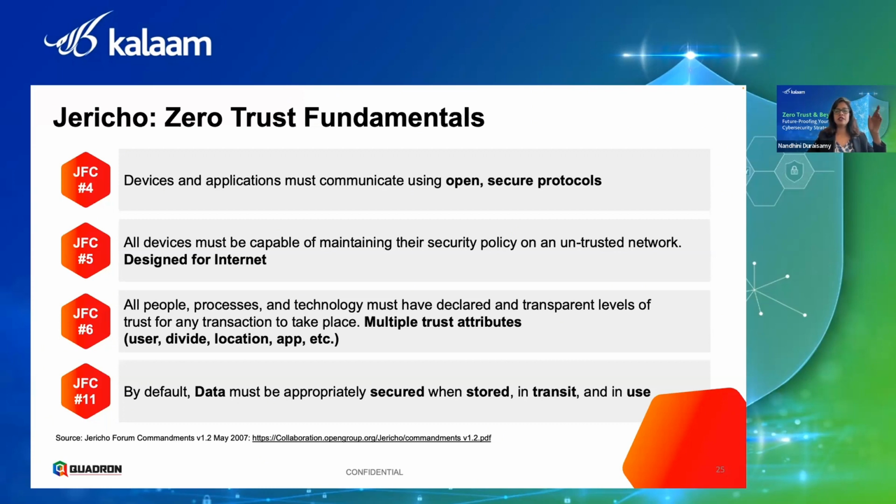All people, process, and technology must have declared and transparent levels of trust for any transaction to take place. This is where your IAM, your single sign-ons, all this technology comes in. By default, data must be appropriately secured, classified when stored, in transit, and in use, where you use the encryption principle.